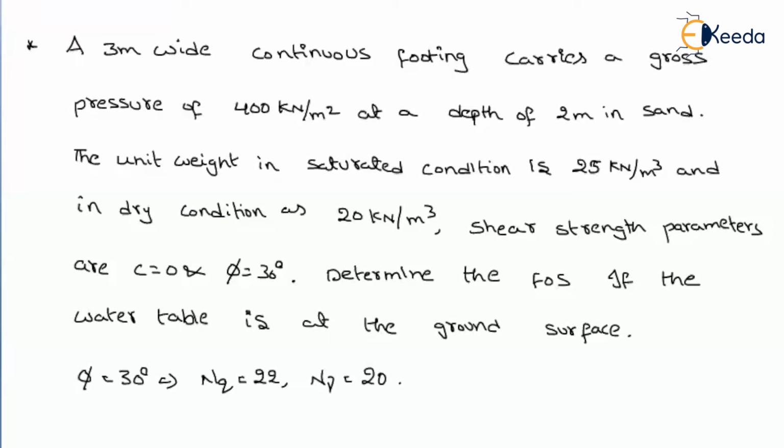Hope you understand the question. There is a footing, and its width, depth and soil properties are given, so from that you can find the bearing capacity of the foundation. They have given the load acting on the footing, so just find the ratio of those two. That is nothing but the factor of safety.